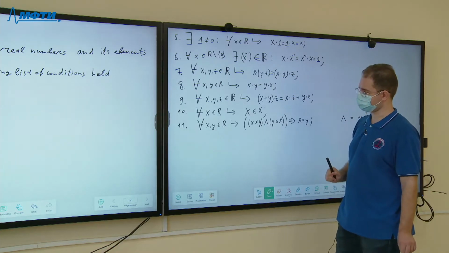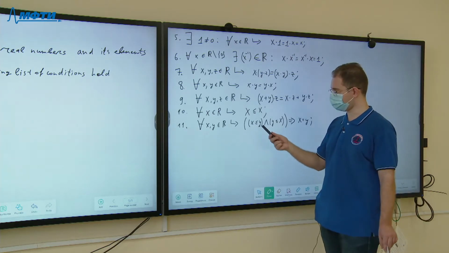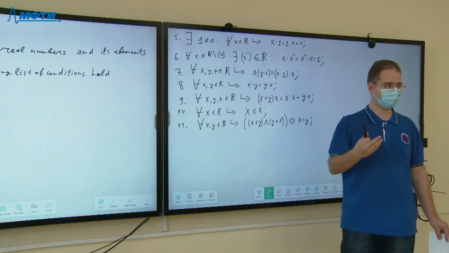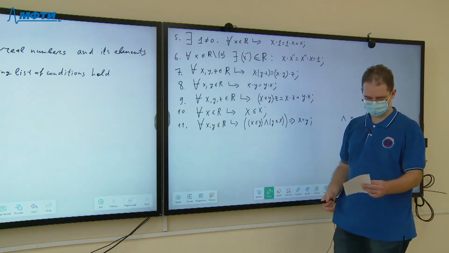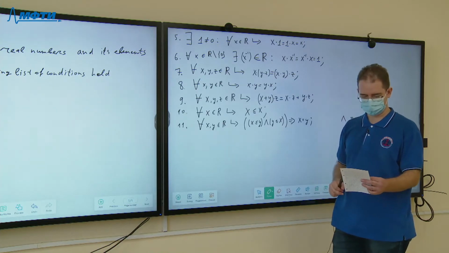So this is the 11th axiom. So if two numbers are such that x less than equal than y and y less than equal than x, then this is the same number. Obvious stuff, I understand, but it's still important.